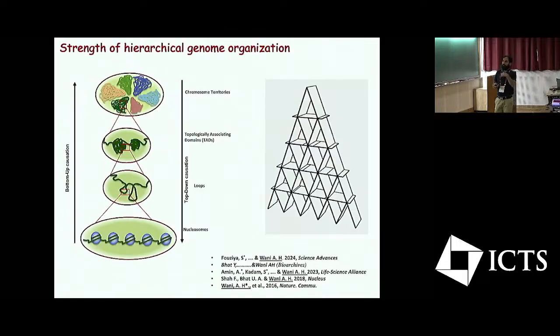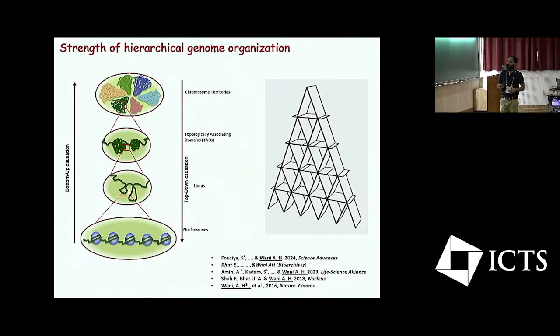We also looked some time back, in collaboration with Ranjith, and showed that if we perturb the higher order organization, we can have an effect on the lower levels of organization. As, for example, you can imagine in a house of cards, the lower levels can affect the higher levels, and the higher levels in turn can affect the lower levels.